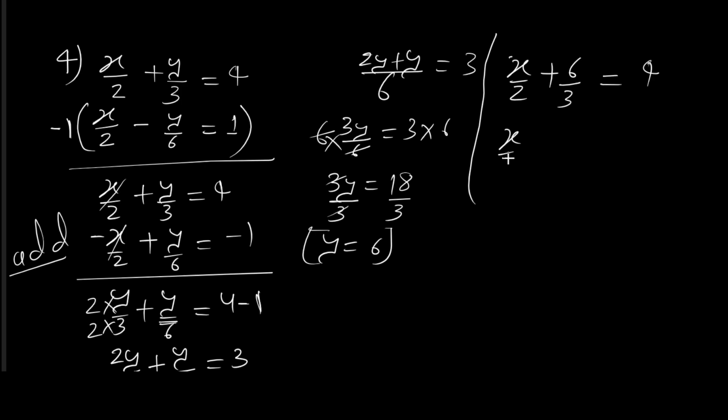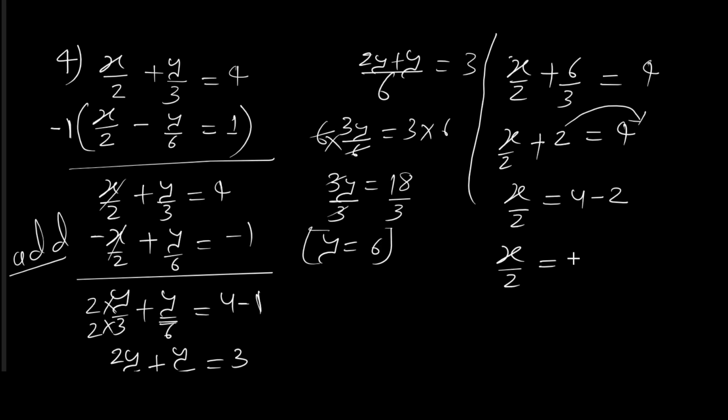So x over 2 plus 6 over 3 gives us 2 equals 4. So I'm going to take this 2 to the right side of the equation. So x over 2 equals 4 minus 2, which gives us 2. So I'm going to multiply both sides of the equation by 2 to eliminate this 2. So this 2 and this 2 will cancel out. So x equals 4. So this is our solution.